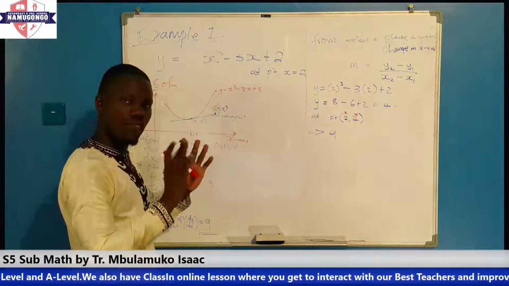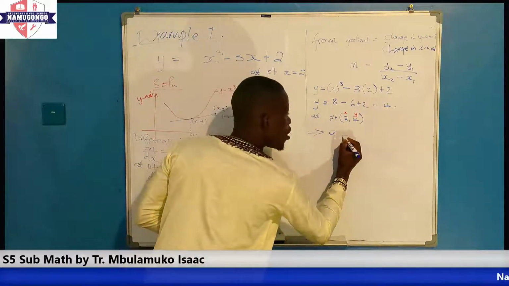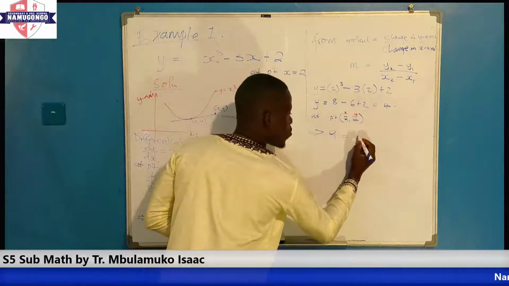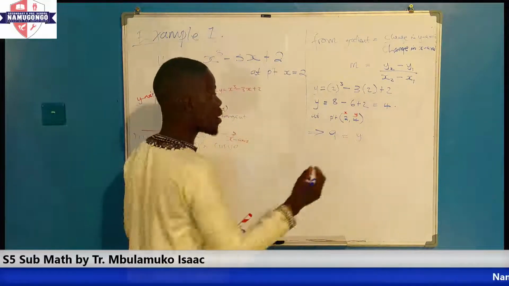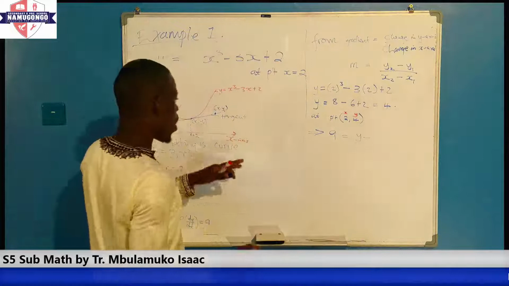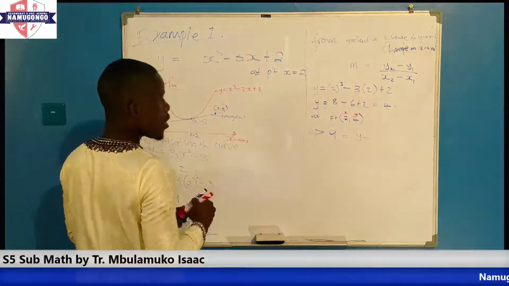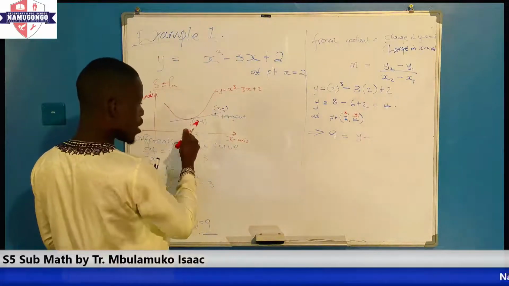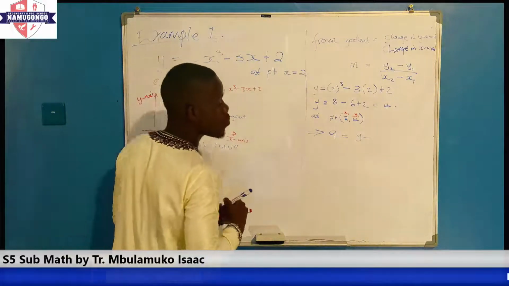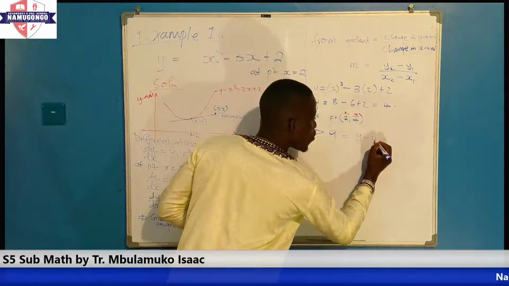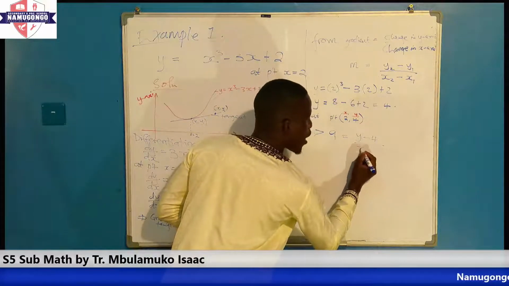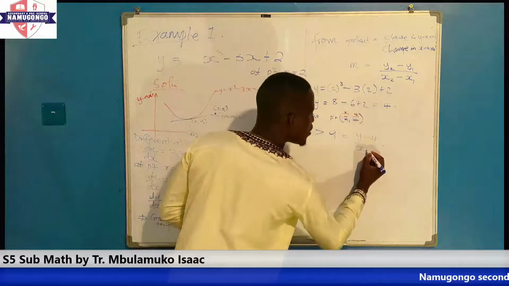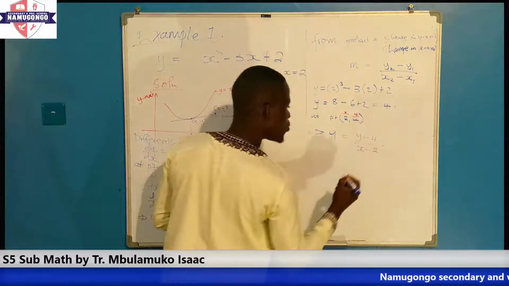So we shall leave them as unknowns. So we shall say, where there is y2, we shall leave it as y minus y1. So our y1 here is going to be 4, because we have already said that at that point that was 4. So minus 4 divided by x2, which will be x minus 2.